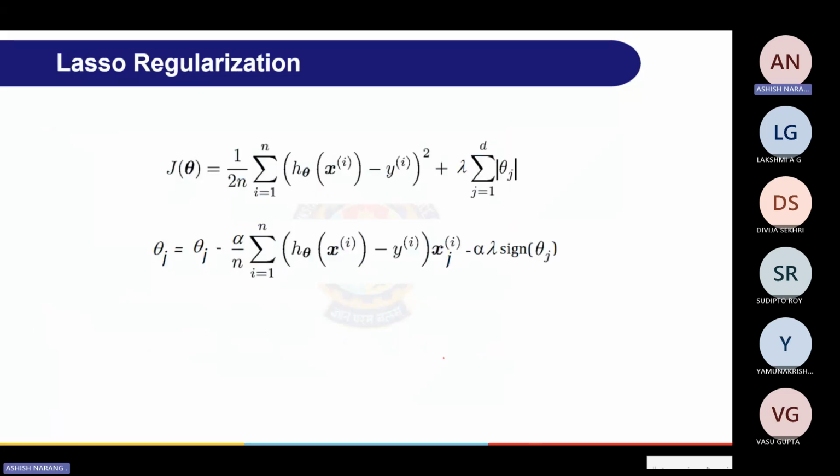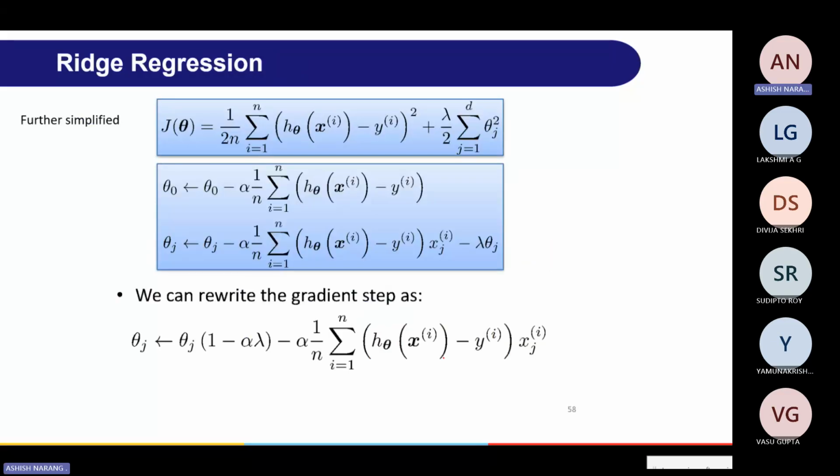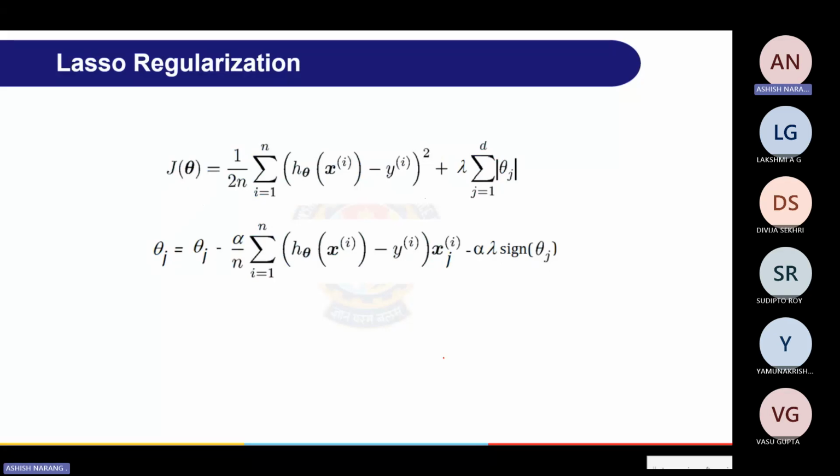Lasso regression, right? This phenomenon is simple here. Another point is when the lambda becomes 0, then there is no regularization, and whatever is there will remain as such. So when it comes to lasso regression, it again has that regularization parameter, but this has a weight theta, and this is not squared.